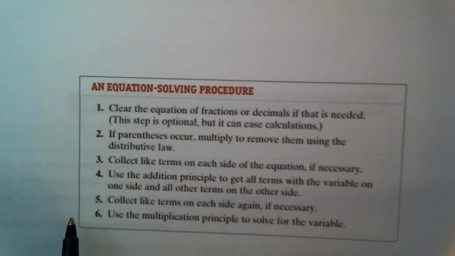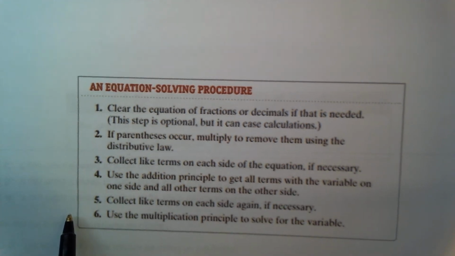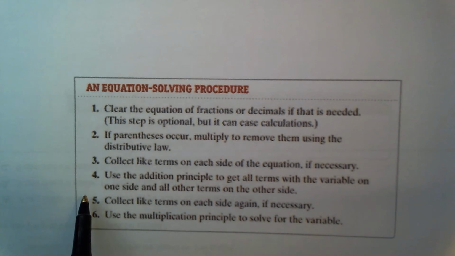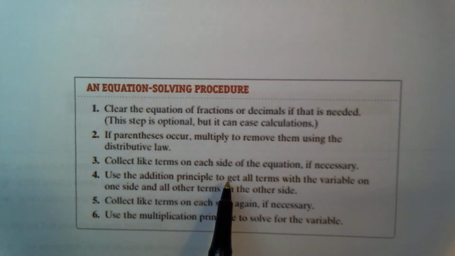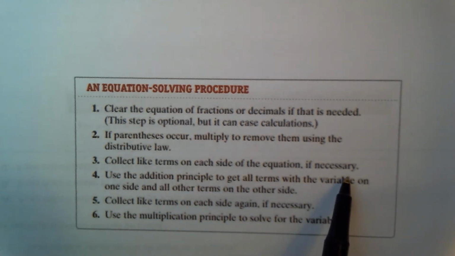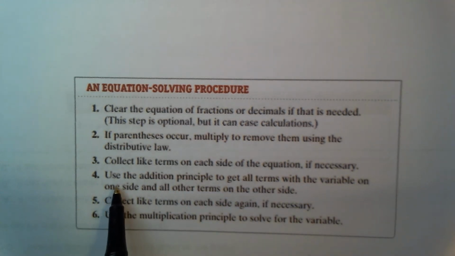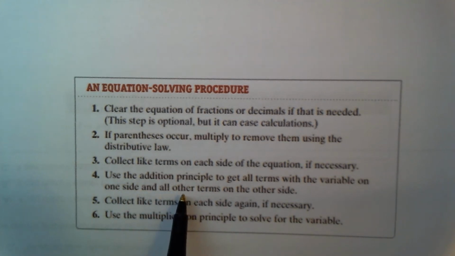And that's why I said in the introduction, the distributive law is really, really critical. Otherwise, we will have a hard time solving equations. Then number 3, collect like terms on each side of the equation if necessary. Then number 4, use the addition principle to get all the terms with a variable on one side and all other terms on the other side of the equation.